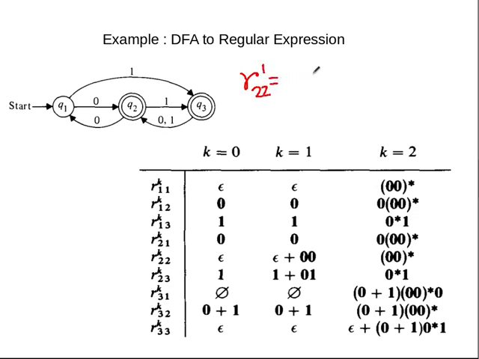So what will this be? First of all, R 2 to 0 plus, then you have R 2 to 0.